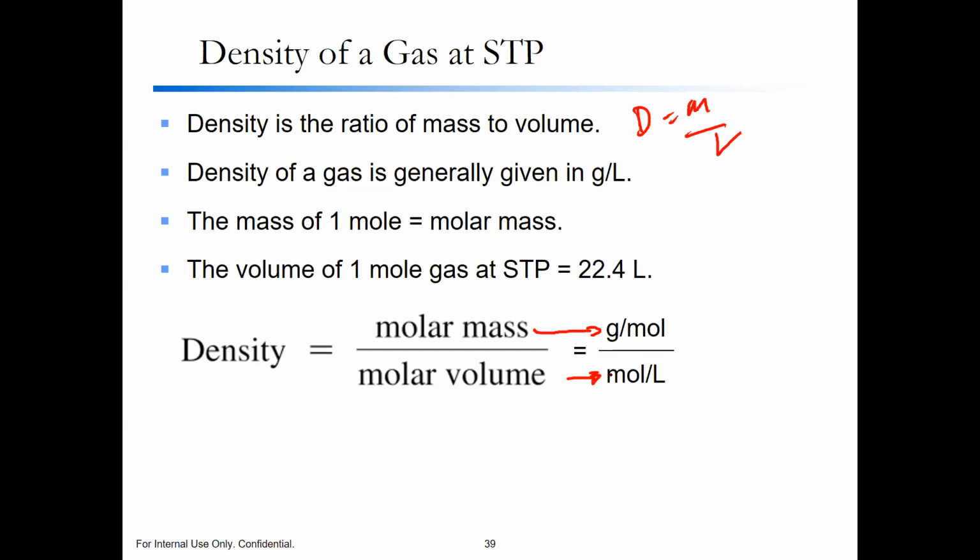How many liters per mole do we know for STP? 1 mole gives me 22.4 liters. So 1 mole equals 22.4 liters at STP. Now I know molar mass means grams per mole, and molar volume is liters per mole. So what are we going to do here?